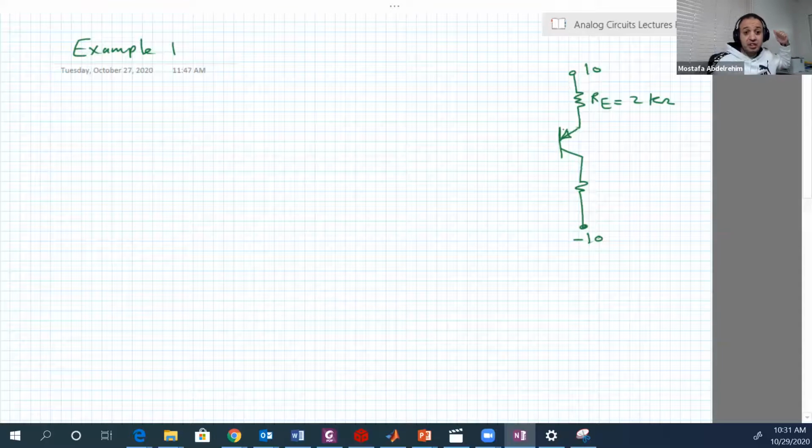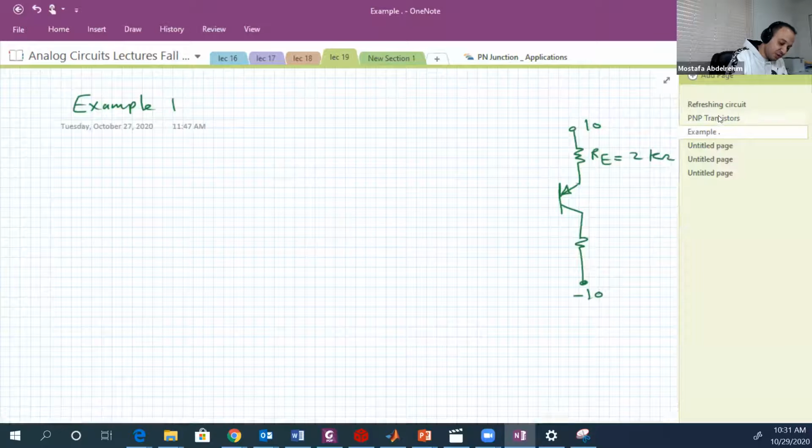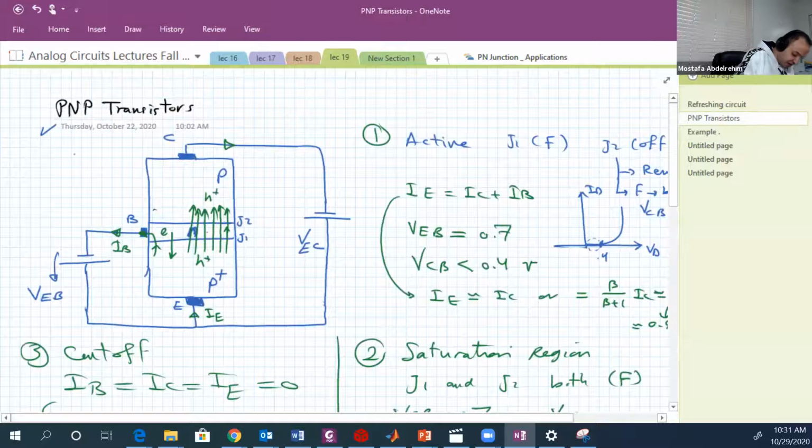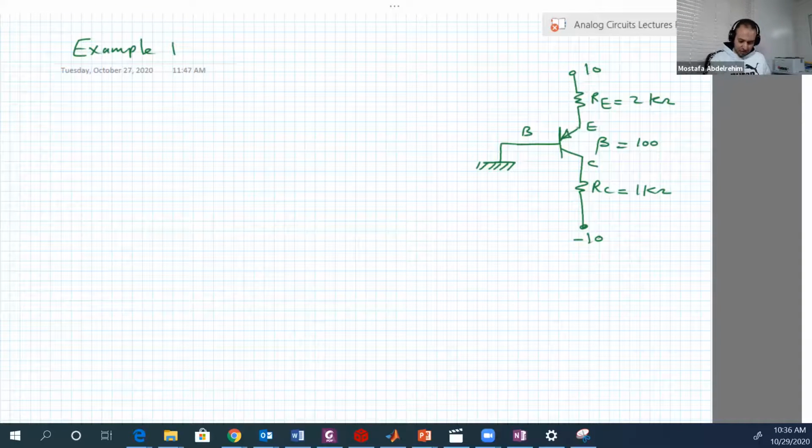In an NPN transistor, usually you connect VCC, the high voltage, the battery, to the collector. But here we usually connect the battery to the emitter. And by the way, I forgot to mention the symbol. The symbol for this one is like this.